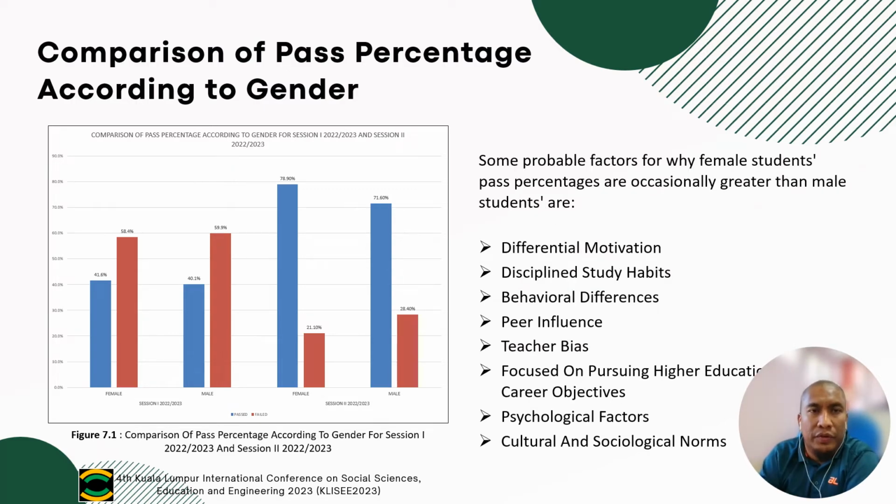Some probable factors for why female students' pass percentage is occasionally greater than male students' are: differential motivation, disciplined study habits, behavioral differences, peer influence, teacher bias, focus on pursuing higher education and career objectives, psychological factors, cultural and sociological norms.